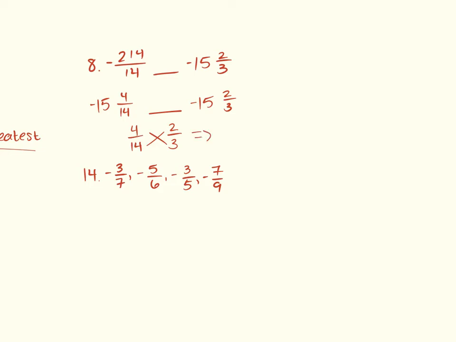We get 12 and 28. 28 is greater than 12. So that would mean it's a smaller number, because remember with the negatives, the bigger the number is, the smaller it actually is, right? Because -1 is larger than -2. Okay, so we've got a greater than sign here.